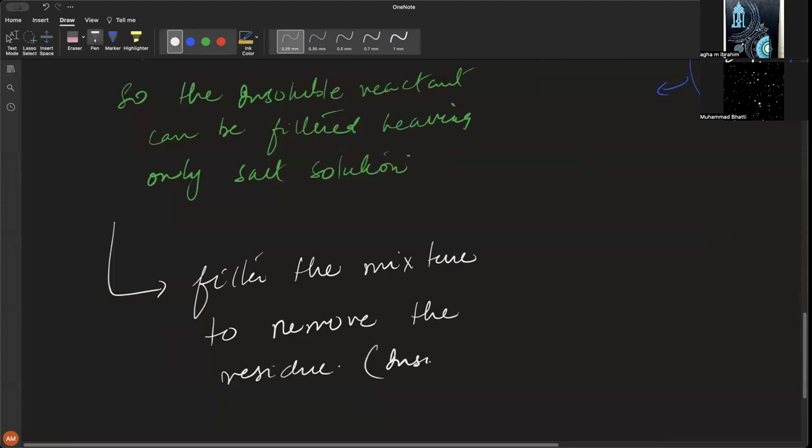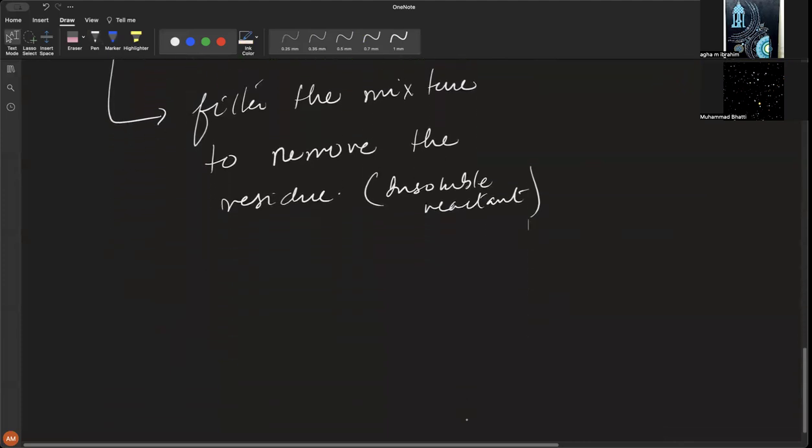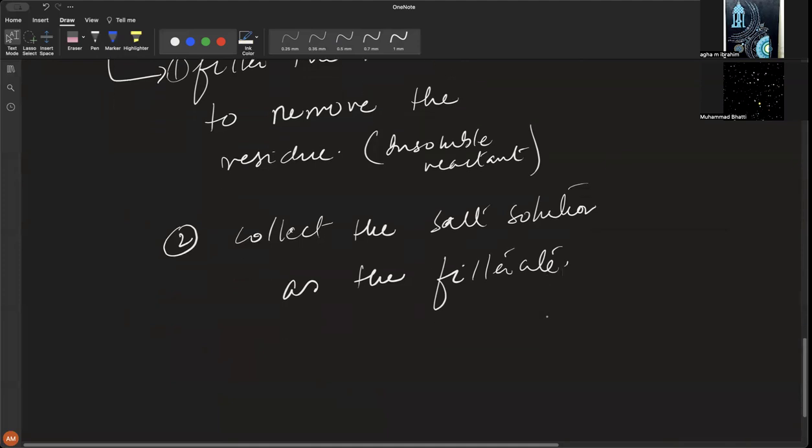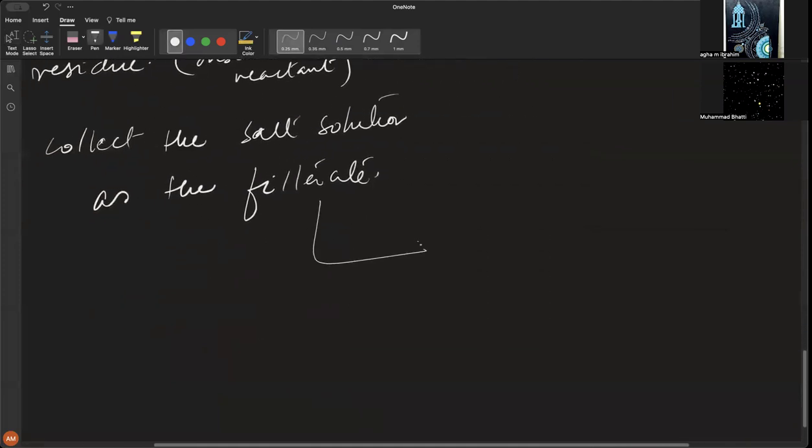The residue is the insoluble reactant. All the acid has reacted now, there's no more acid anymore, so it can be removed. And number two, collect the salt solution as the filtrate. Now this filtrate is the salt solution.